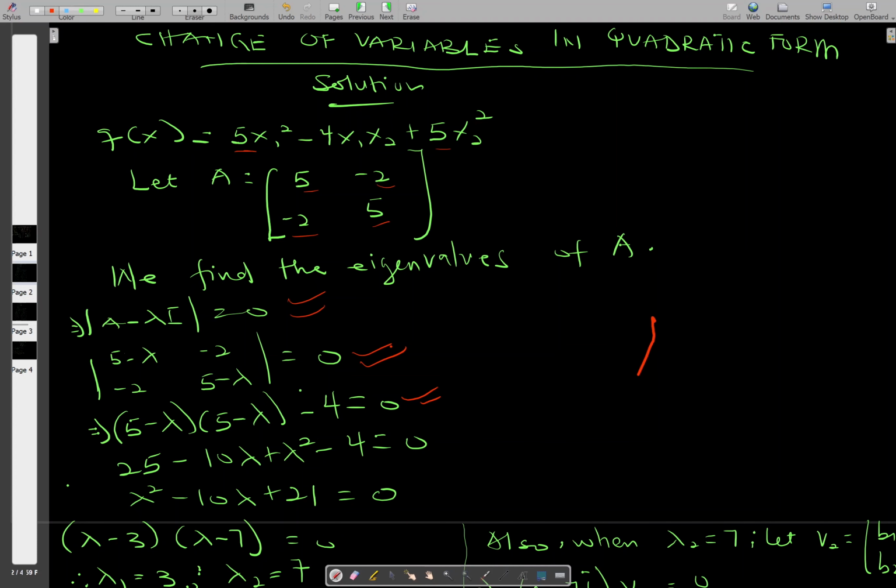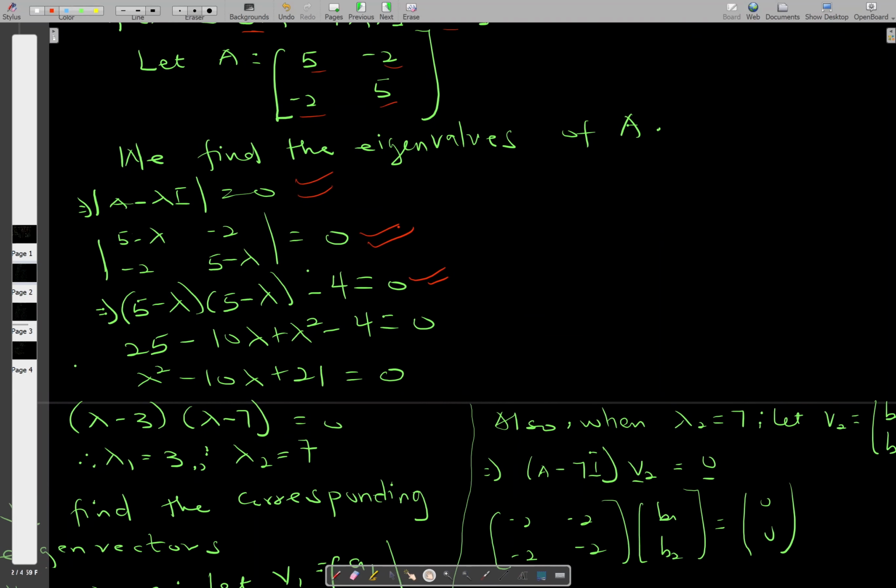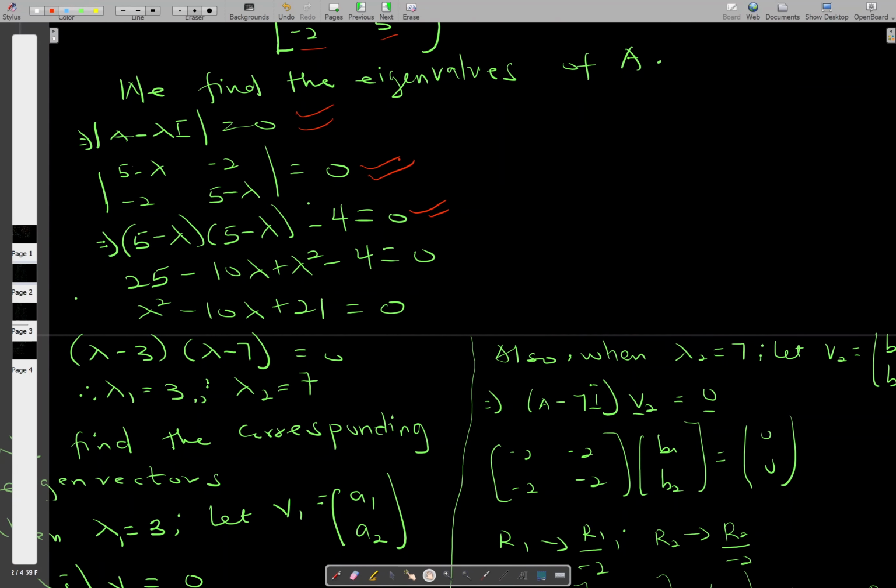Then when we expand brackets and simplify, we get lambda squared minus 10 lambda plus 21 equals 0. And we can factorize this completely.